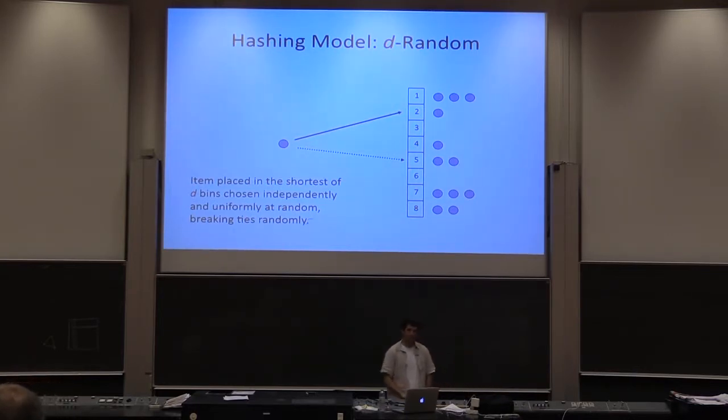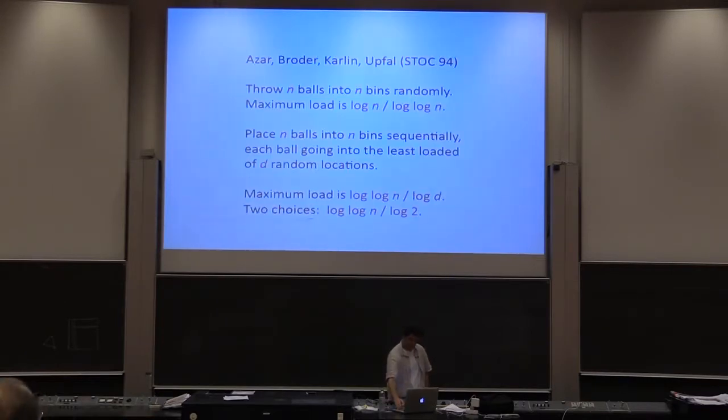And the question is, what does this buy you? Does this gain you anything? The seminal version of this result, by Azar, Broder, Karlin, and Upfal, dating back a ways now, is that if we throw n balls into n bins, the maximum load normally, if we just have one choice, is going to be something like log n over log log n.